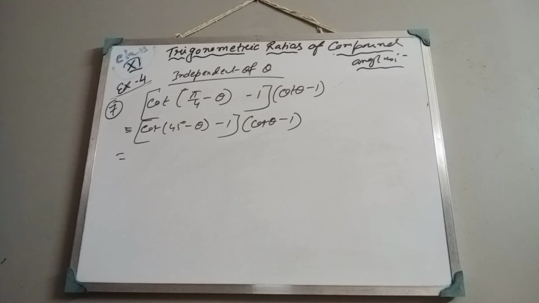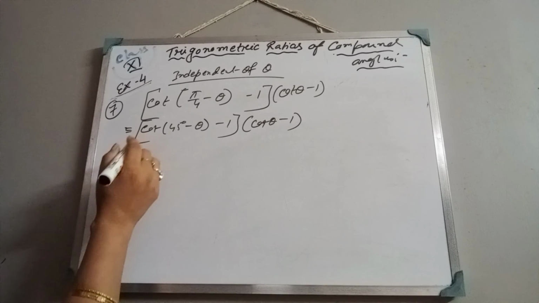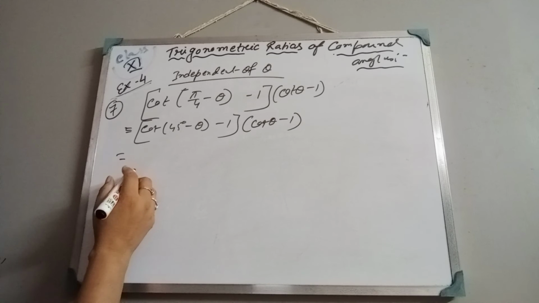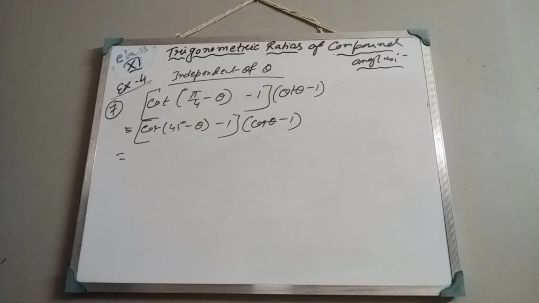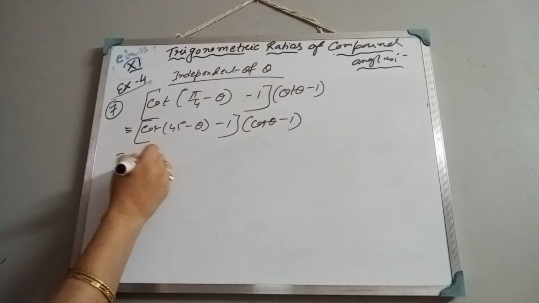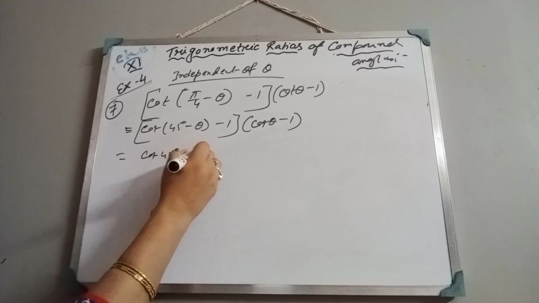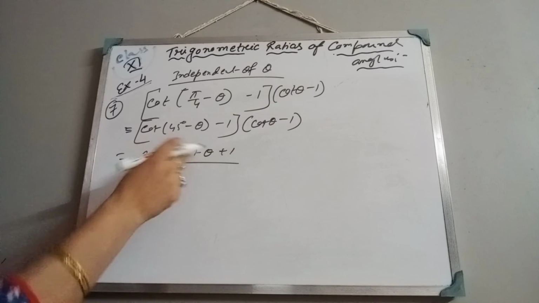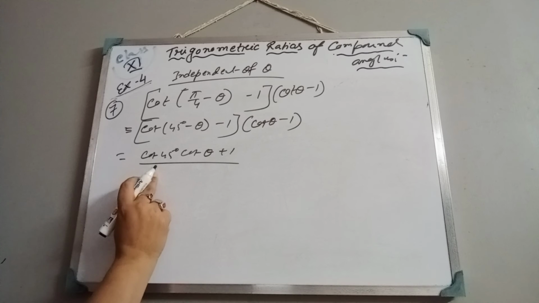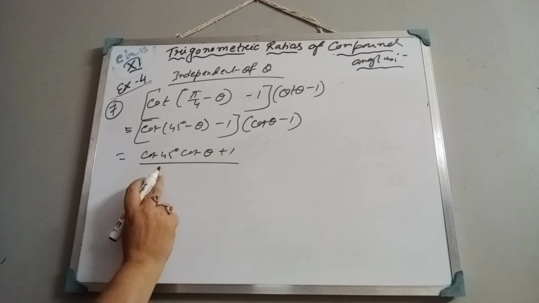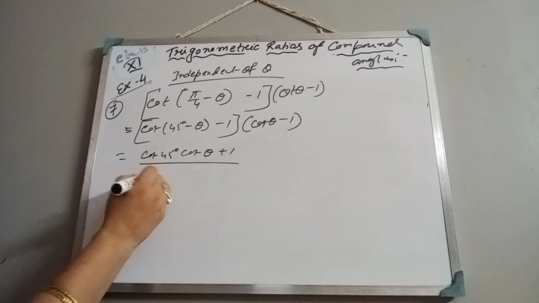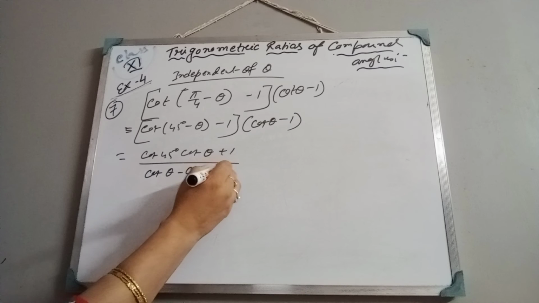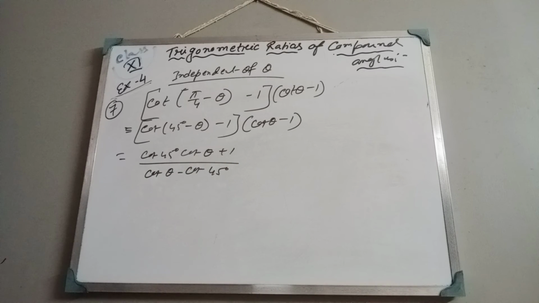Now let us expand this in terms of cot A minus B. Cot A minus B formula is: cot A cot B plus 1 by cot B minus cot A. So write here cot 45 degree cot theta plus 1 by cot theta minus cot 45 degree, minus 1.